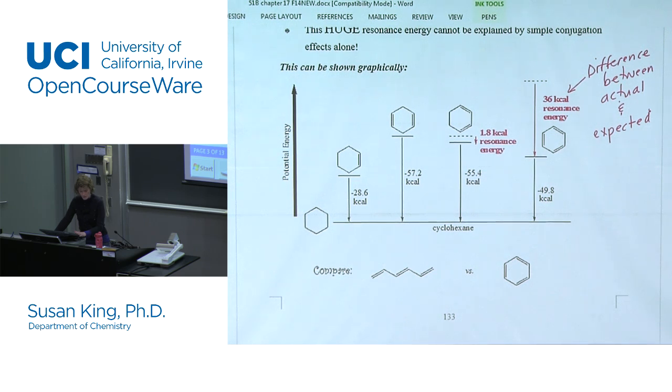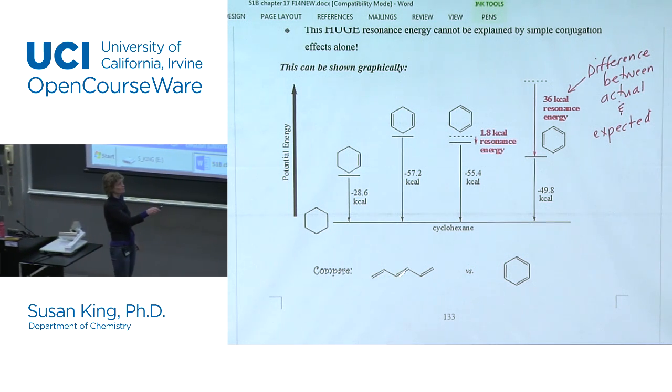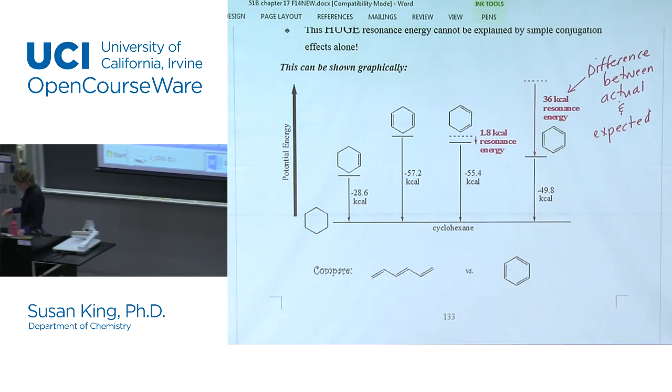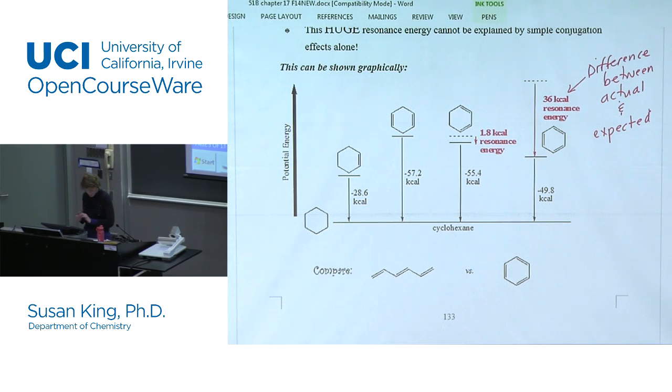Now, just to give you an example of how different this is, let's compare this guy here. Here we have 3 conjugated double bonds. What is the resonance stabilization here versus benzene? The resonance stabilization here is 3.6, just what we expected, kcals per mole, and for benzene it is 36 kcals per mole.